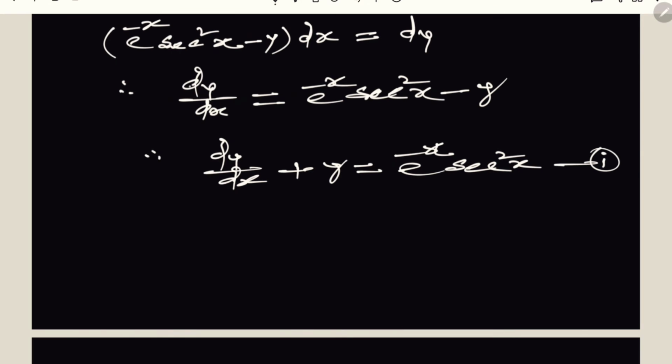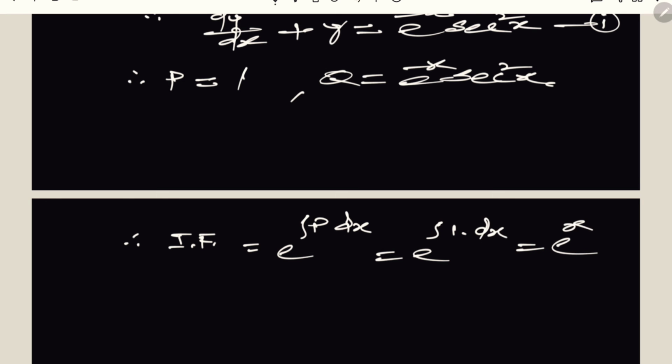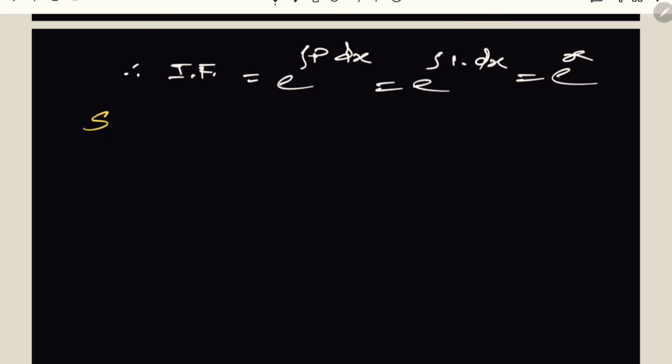Therefore, y is the dependent and x is the independent variable. P is the coefficient of y, here it is 1, and Q is the value on the right-hand side, e raised to minus x into secant square x. The integrating factor is e raised to the integration of P with respect to x, which is e raised to the integration of 1 with respect to x, so it becomes e raised to x.